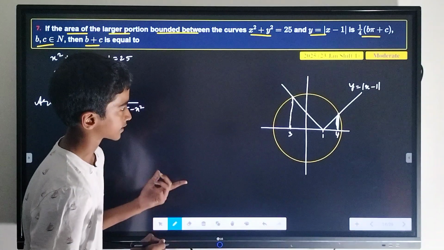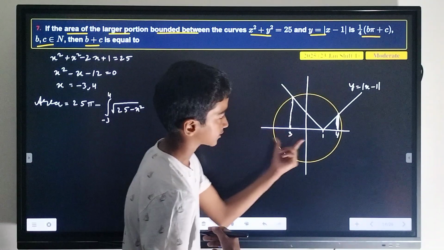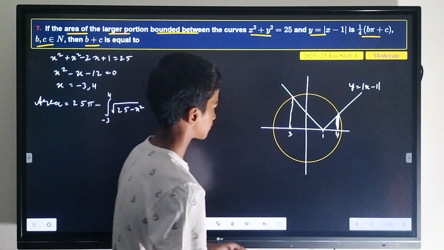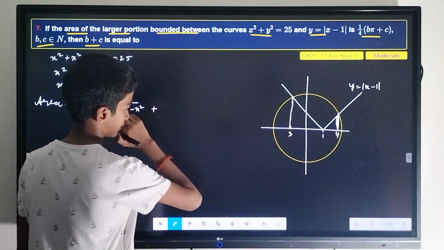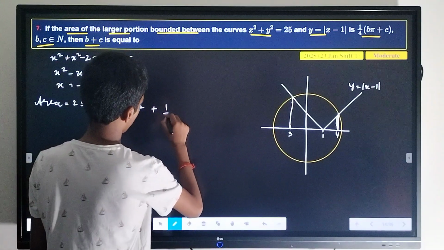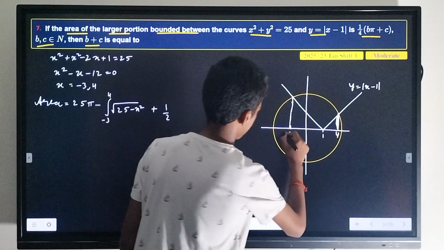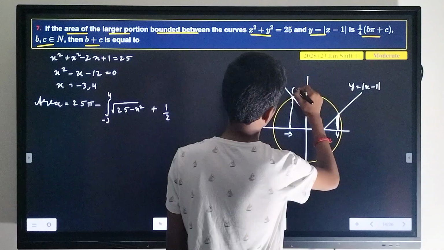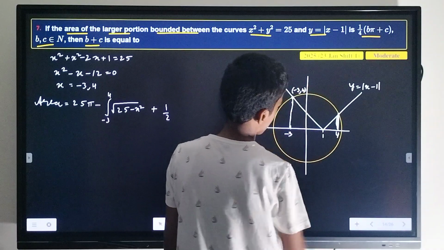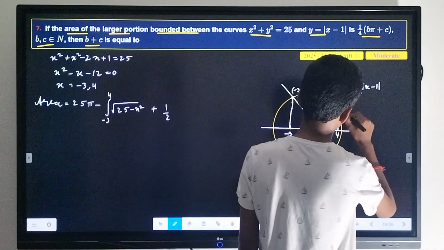When we subtract this area, we also subtract these two right angle triangles, so we need to add them up. So this will be plus 1 upon 2. This is minus 3. At minus 3, this will be 4. And at x is equal to 4, it will be 3.